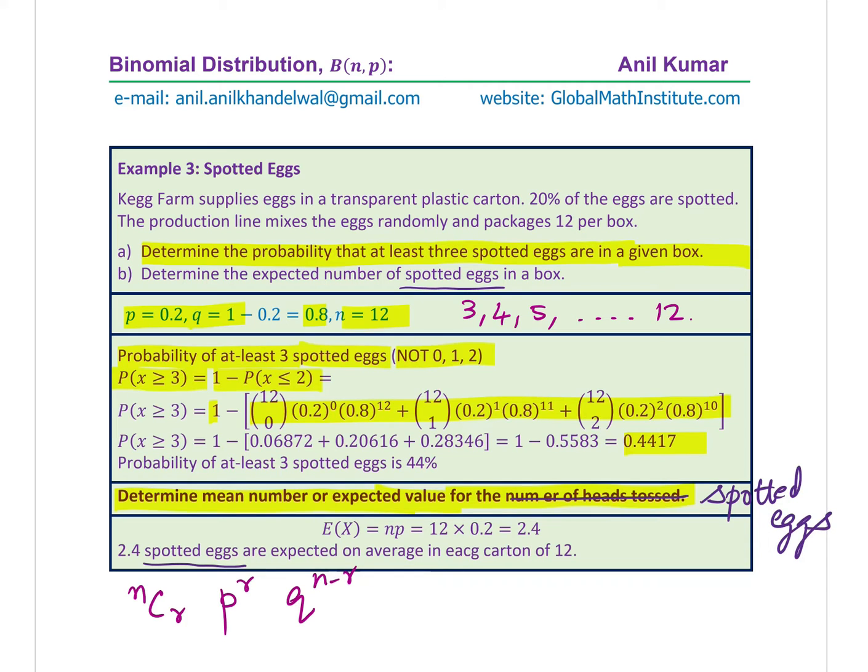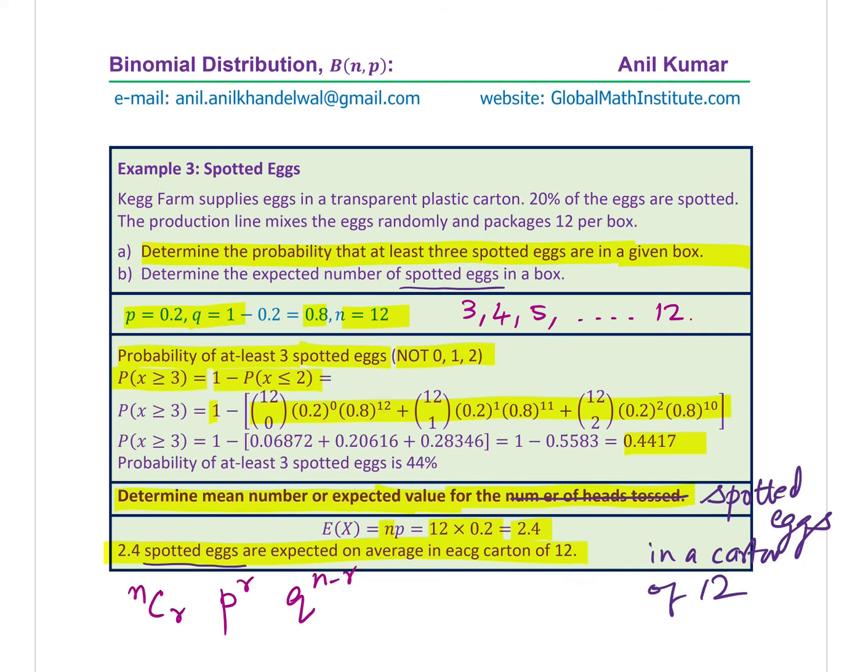So determine the mean number, the expected value, for the spotted eggs in a carton of 12, right? Correct. So the mean value will be the product of n and the probability, which is 0.2 in this case, and we get 2.4 as the answer, right? Almost 2.5 is the average value of x which you can expect in any carton of 12.